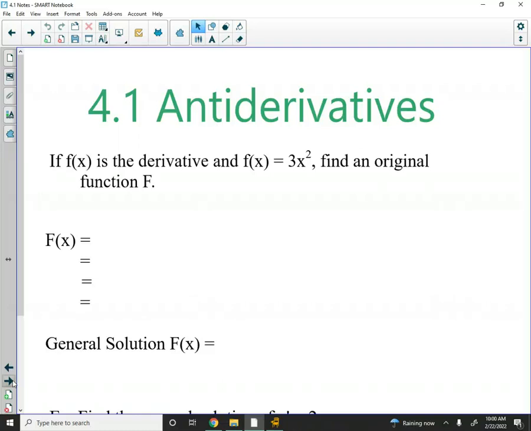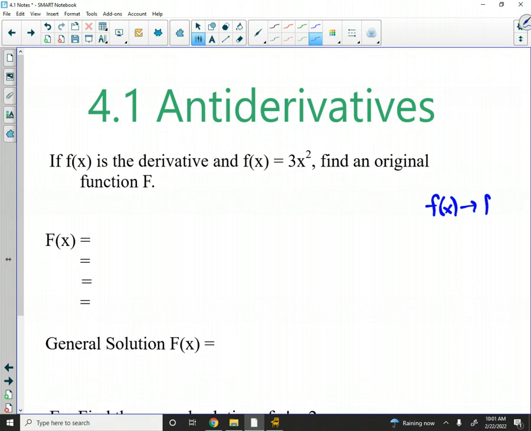It says, if f of x is the derivative. Okay, stopping right there, what's already different than what we have already seen? It's not f prime of x. Okay, so if f of x is the derivative and f of x equals 3x squared, find an original function, capital F. So sometimes where we've been so far, the original has been lowercase and we've derived it and it's been f prime of x.